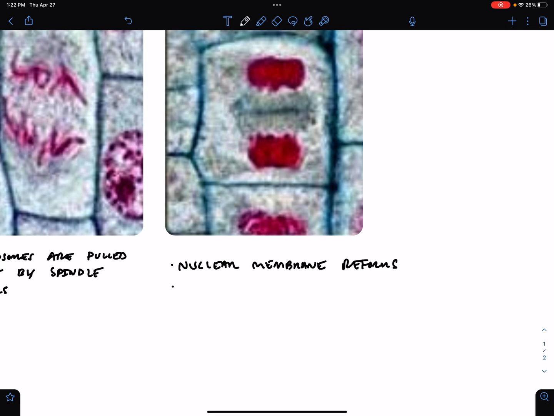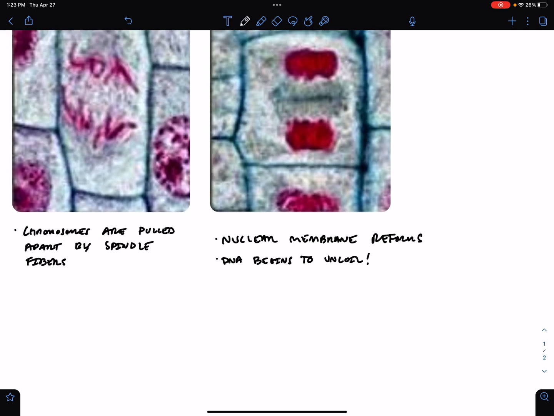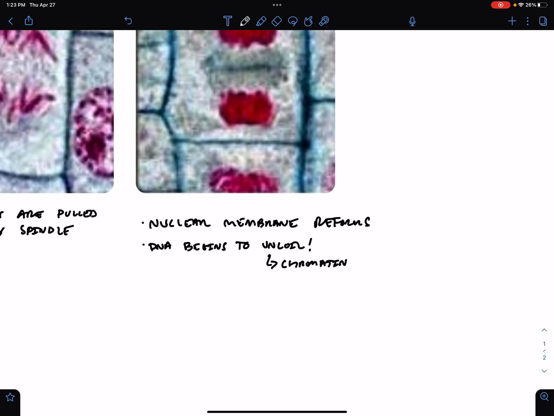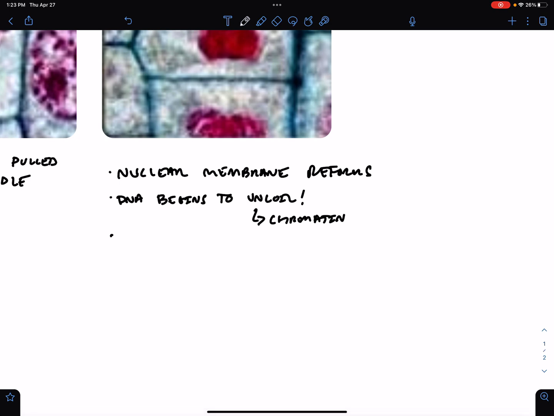The DNA starts to loosen back up. So it begins to uncoil and form chromatin again. Kind of loose chromatin. And then the spindle fibers start to dissolve.